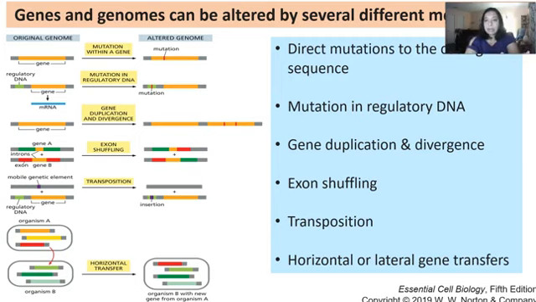And those regulations are maintained by regulatory sequences within the DNA at many levels. Now, mutations in some of those regulatory DNA sequences would have an impact on the expression level of the related genes that are affected by those regulatory DNA.